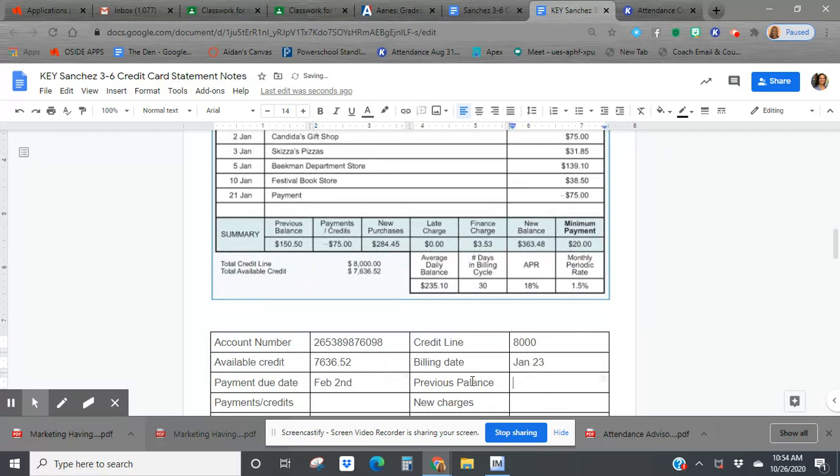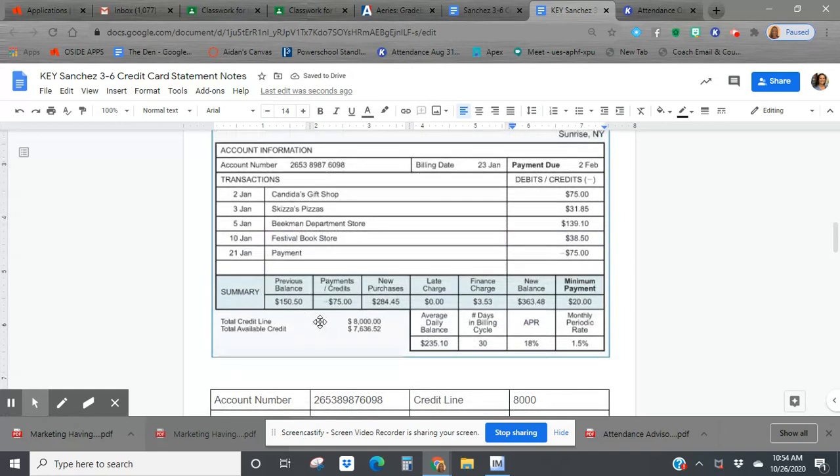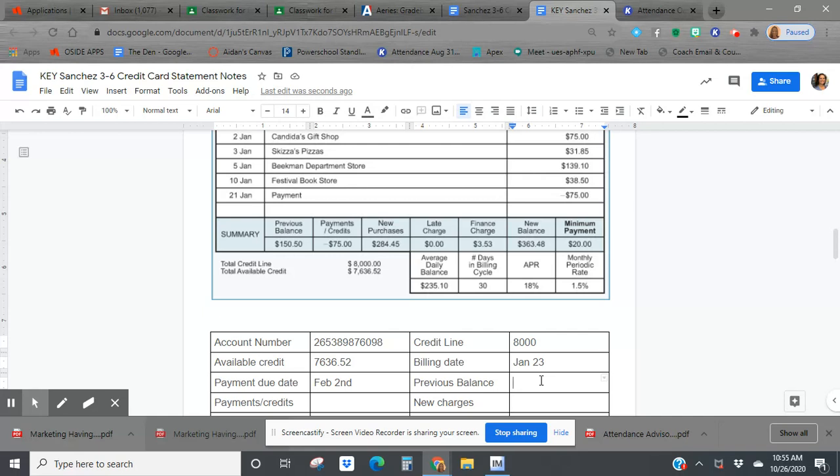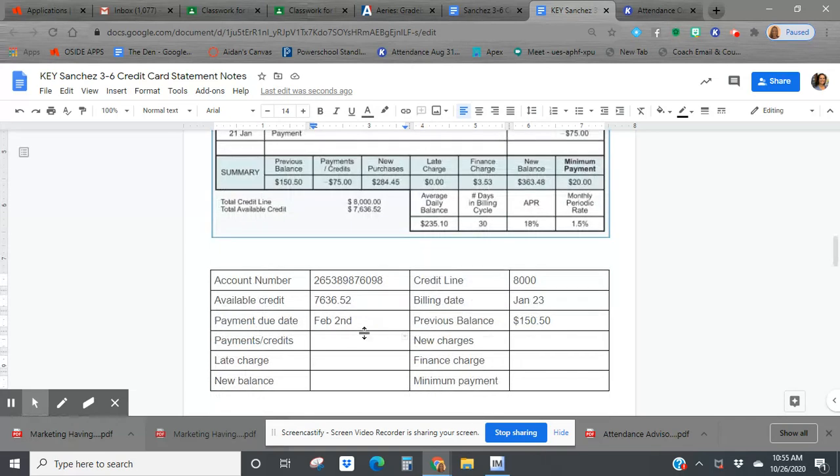The previous balance is shown right here, $150.50. The payments and credits, looking on here, do you see it? 75 shows here and the 75 shows here.